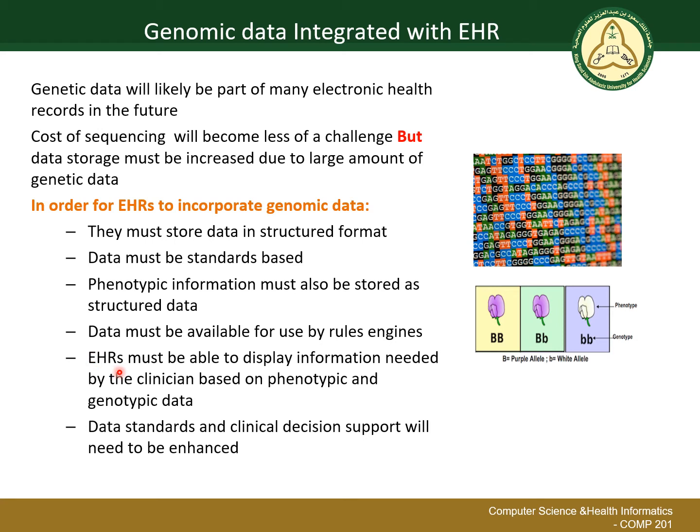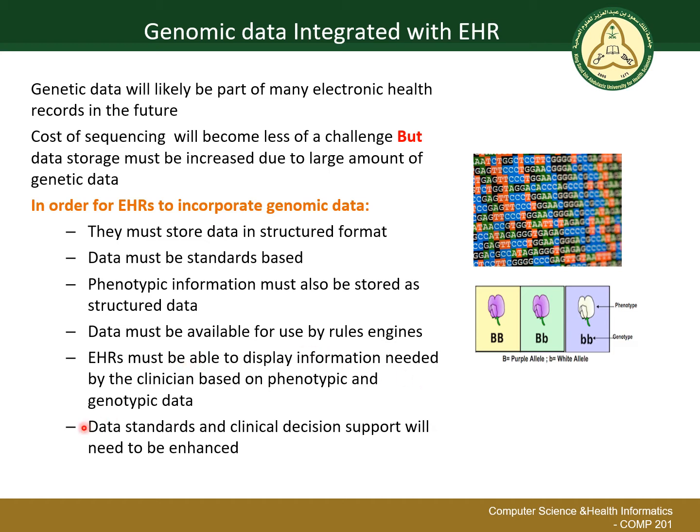The electronic health records must be able to display information needed by the clinician based on phenotypic and genotypic data. So we need to have a way or a user interface that will display the information which is needed by the individual according to a specific phenotypic or genotypic data.